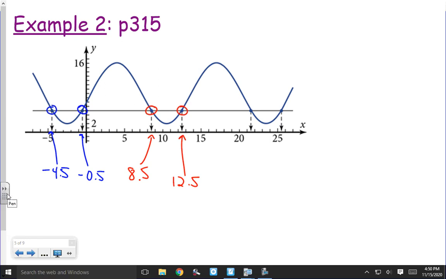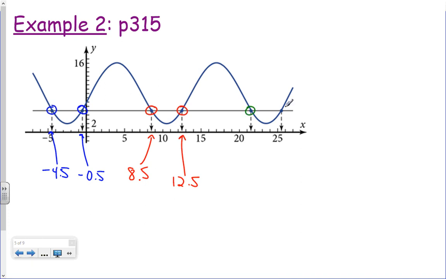Let's find the last 2 here. So these 2 solutions here, that looks like that's 20, 21.5. And it looks like this one right here is at 25.5. So that'd be our approximation. Graphically speaking, that is what we'd come up with. If all we are given is that graph and we have to approximate those, that's the best we can do.